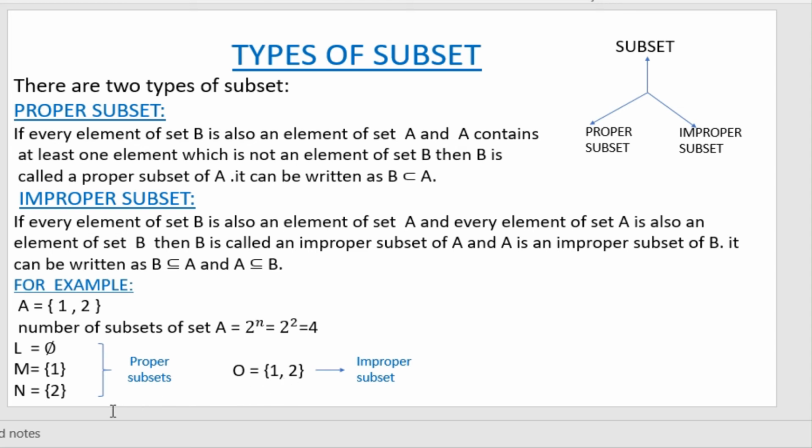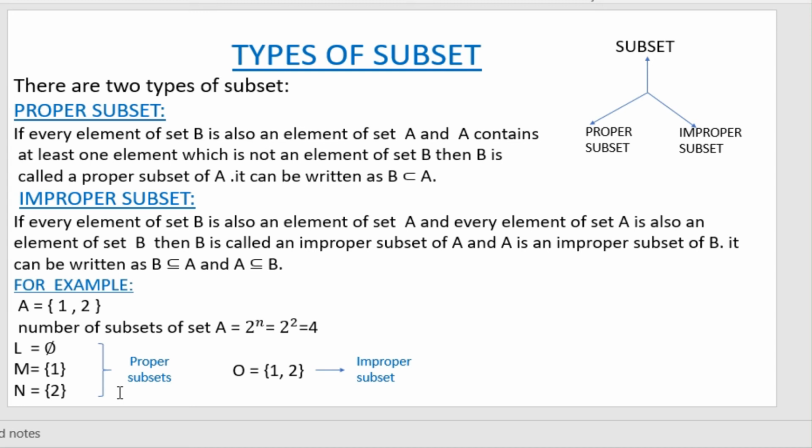If the elements of set A are 3 in number, then we can make 8 subsets, and out of 8 subsets, 1 will be the improper subset and 7 will be proper subsets, including the null set.